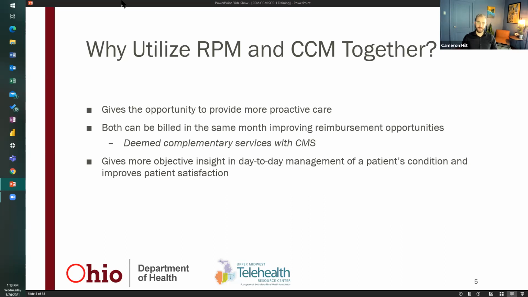So really, this gives you a very objective data set to look at that isn't subject to a lot of the recall bias that a patient may have. But it also can really help improve patient satisfaction. You can be more proactive, and you can have some of these conversations that maybe wouldn't be happening otherwise, making that patient feel like they're receiving even better care from you as well.